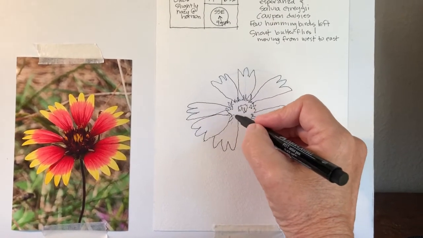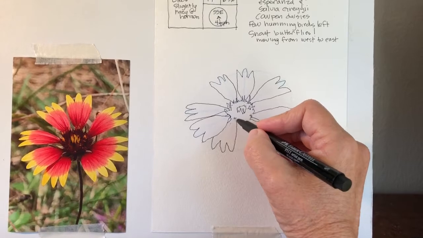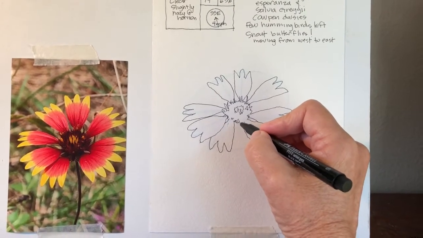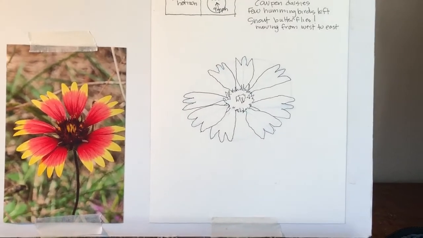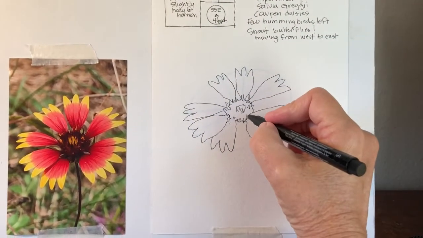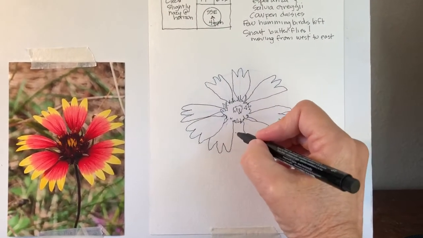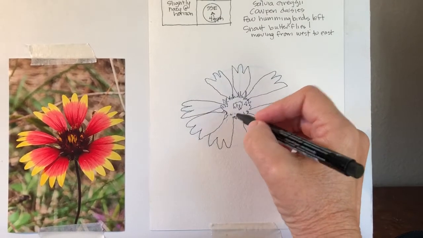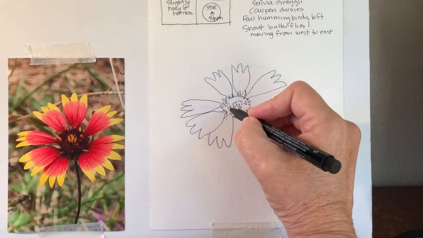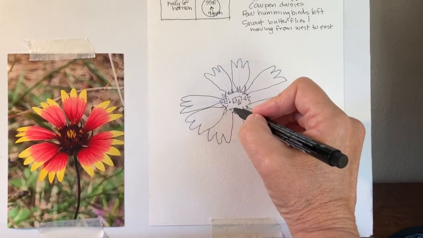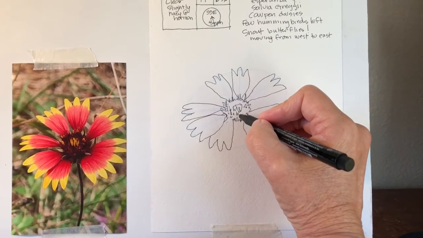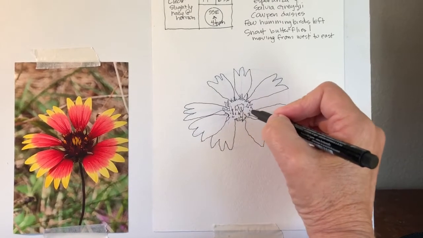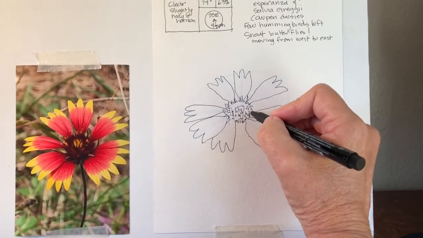I'm just leaving a few areas for the yellowish, and I want to put in a good bit of texture with this. I can put in texture after I do the painting part of it too, but you will want to make sure that it is fully dry before you do that. Otherwise, your pen stops working and you think that there's something wrong with it, when in actuality, there's nothing wrong with the pen. It's that you're trying to draw on a wet surface.